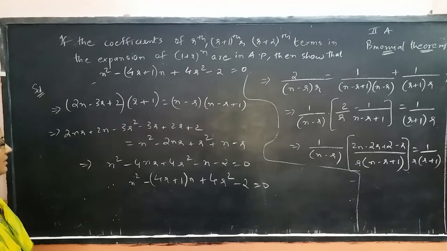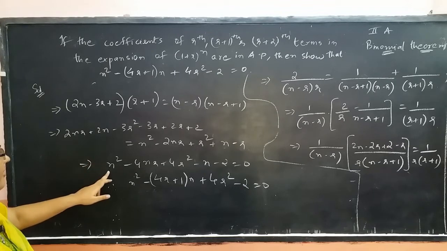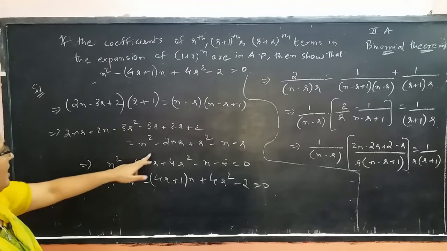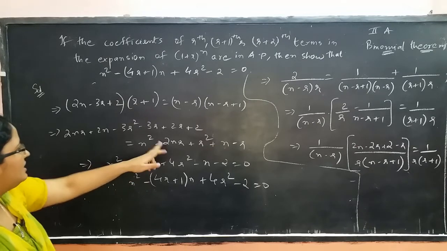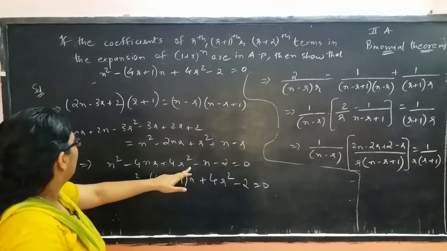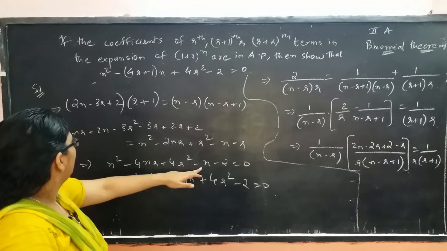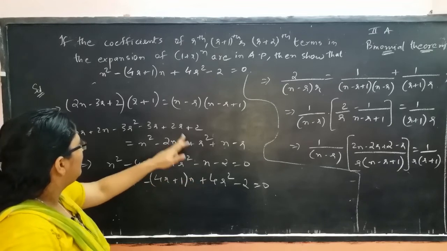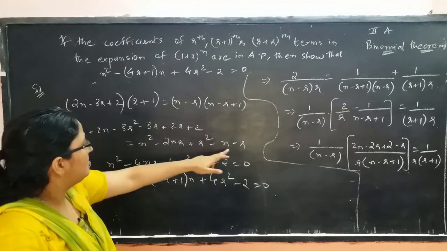So, here what all you can cancel? You have finally n² minus 2nr minus 4nr... r² plus 3r² is 4r², minus n minus 2n is minus n, and 2r minus 3r is minus r, and this is also minus r.